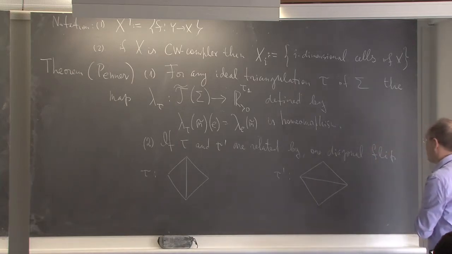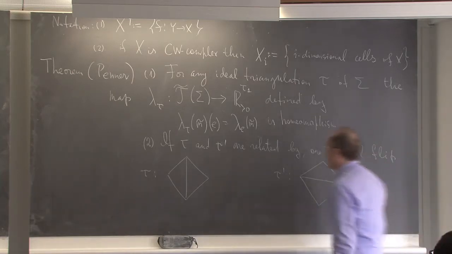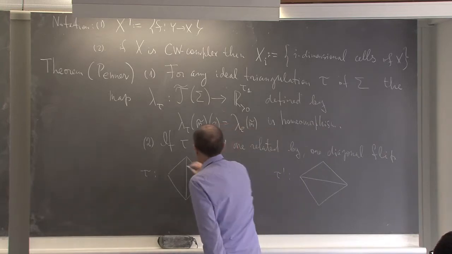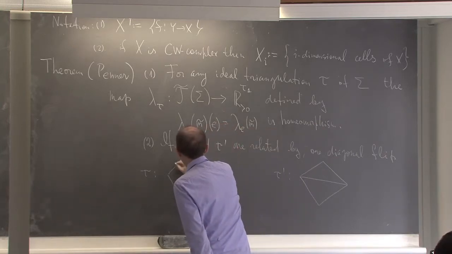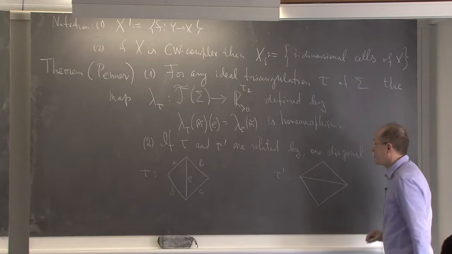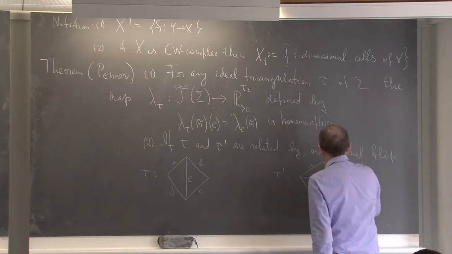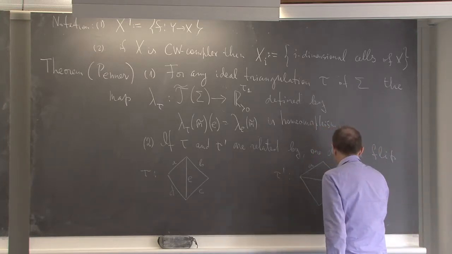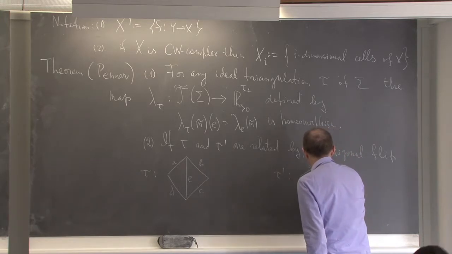So if we have this, and then we color the sides by real positive numbers. This corresponds to a point in a decorated Teichmüller space.